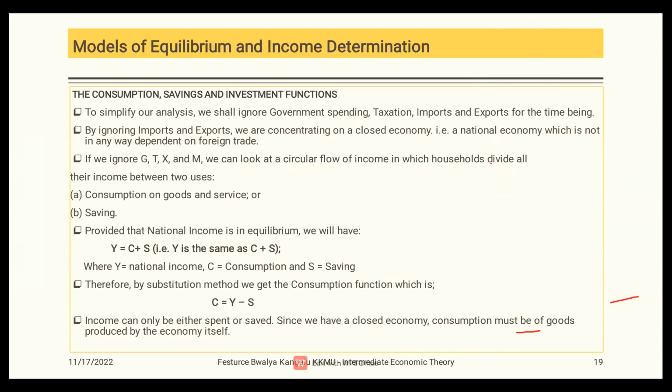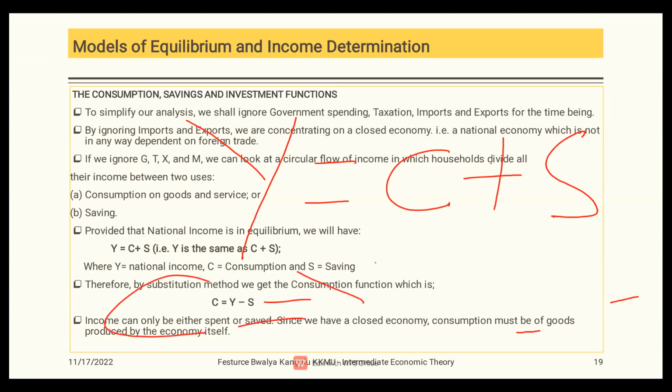So now, when we're given the national income and we are told that it is in equilibrium, our national income shall be equal to consumption plus savings, okay? So if you want to calculate consumption, you can manipulate this equation, bring the savings to the other side, and have your consumption equal to the total income, Y, national income, minus savings.